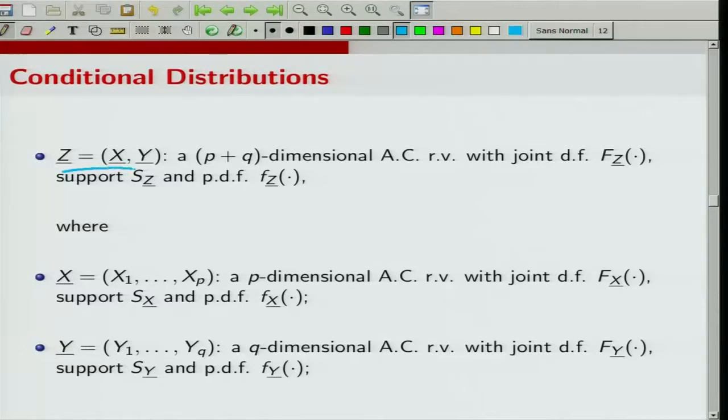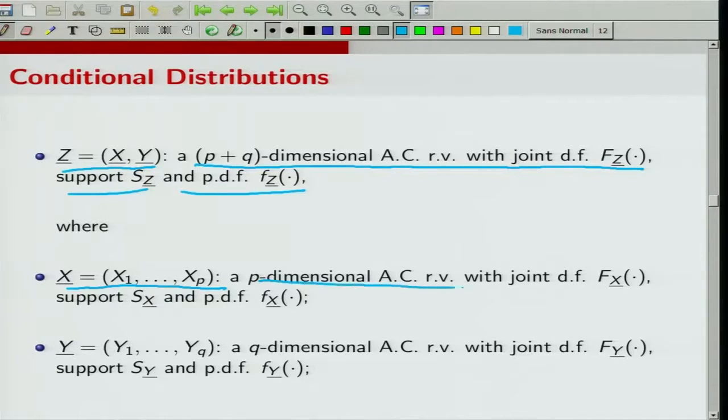So, let Z = (X, Y) be a (p+q)-dimensional absolutely continuous random variable with joint distribution function F_Z, support S_Z and PDF f_Z, where X = (X_1, X_2, ..., X_p) is a p-dimensional absolutely continuous random variable with joint distribution function F_X, support S_X and PDF f_X.